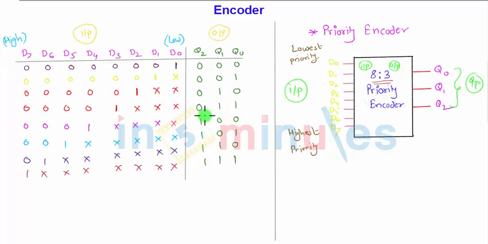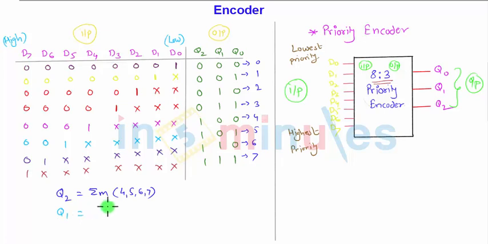Simply by looking at the output side, the Q2 column, Q1 column and Q0 column, what I get here is that Q2 is present only for the 4th, 5th, 6th, 7th inputs. These correspond to decimal states. I will write here, so it will be easier for you to understand: decimal 0, 1, 2, 3, 4, 5, 6, 7. Since Q2 is present for 4, 5, 6, 7, Q2 will be this.